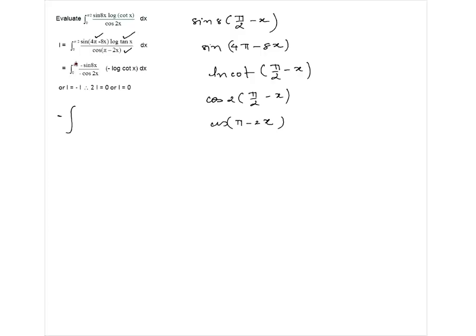And then you will have 0 to pi by 2, sine of 8x upon cos of 2x log of cot x dx. Isn't it same as this? That's why minus I. This is I. Yes, anything else?